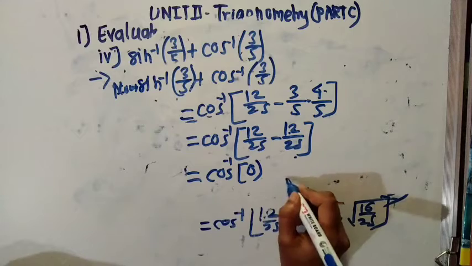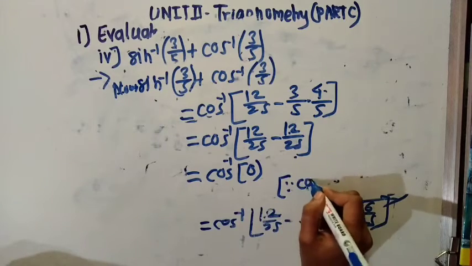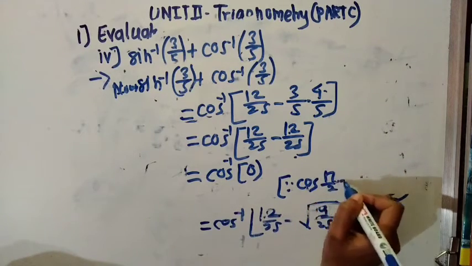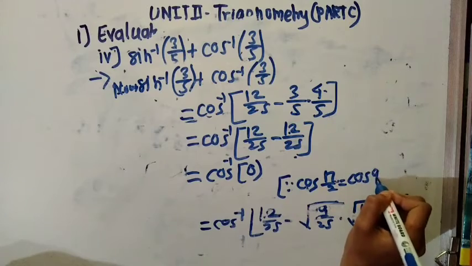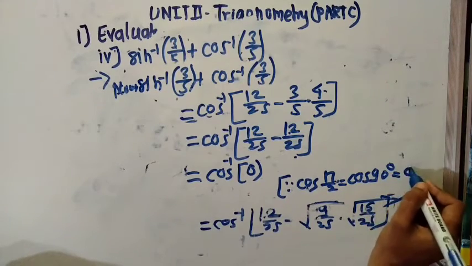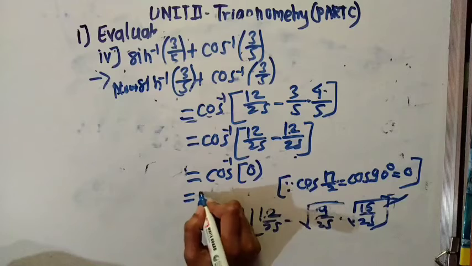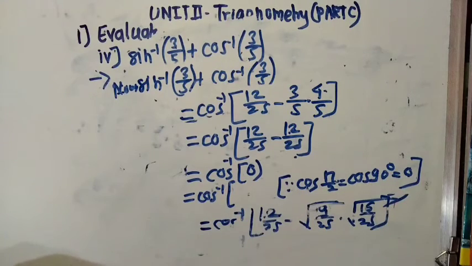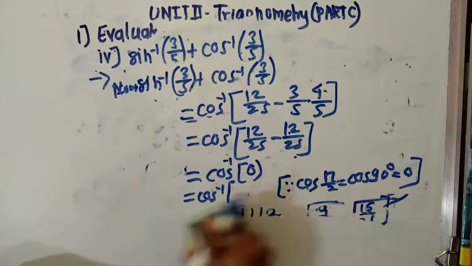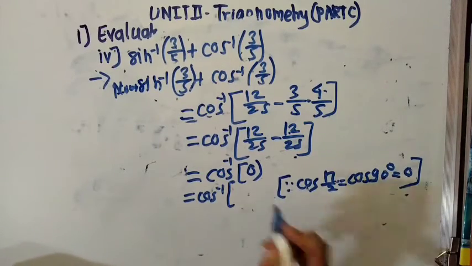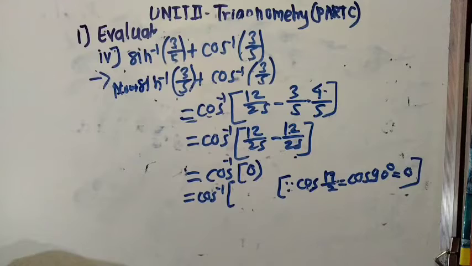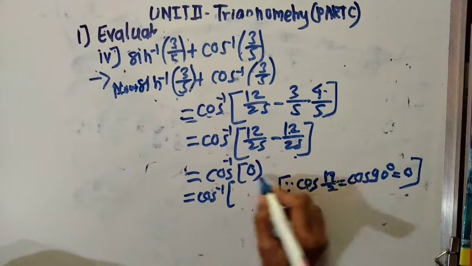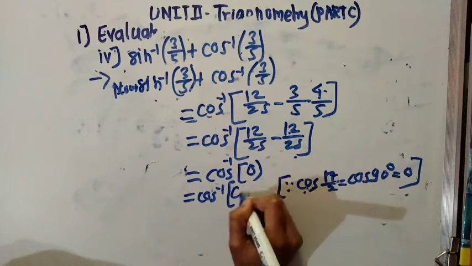But since cos pi by 2 or cos 90 degree is equal to 0, means cos inverse of 0 is pi by 2.